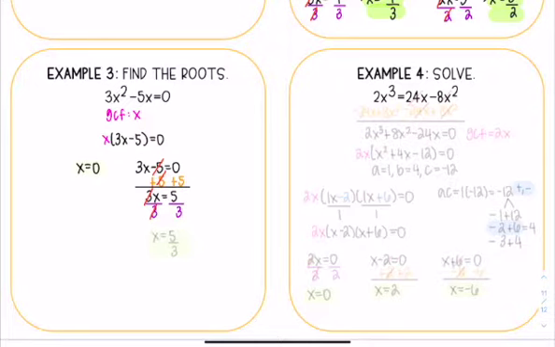And we get x equals 5/3. So the two solutions are x equals 5/3 and x equals 0.